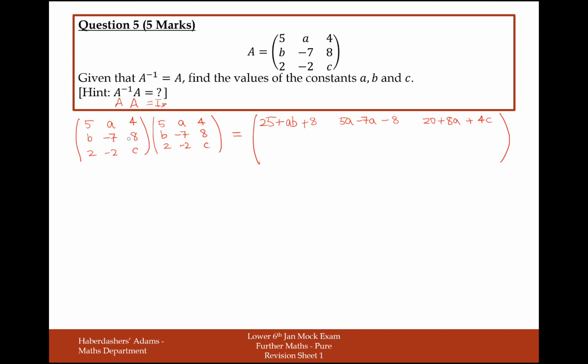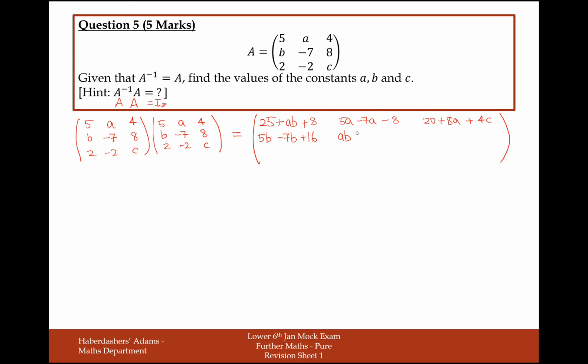Next we'll work through the middle row and each of the 3 columns. So starting off, 5 times b is 5b, minus 7 times b is minus 7b, and 8 times 2 is 16. Middle this time. a times b is ab.